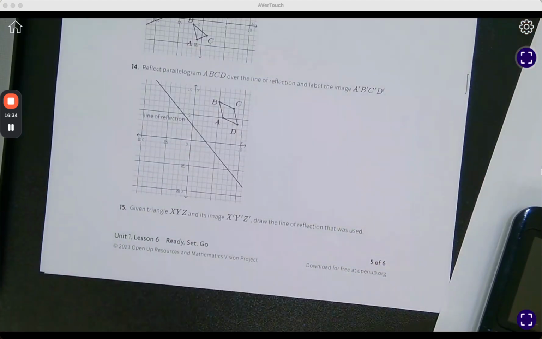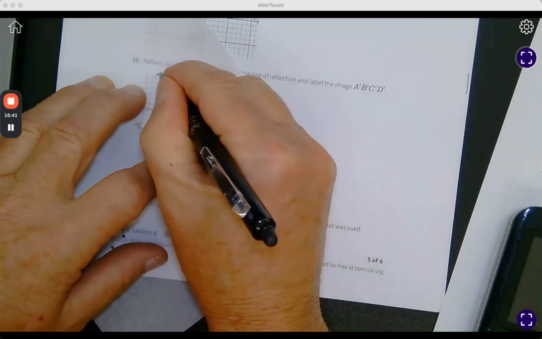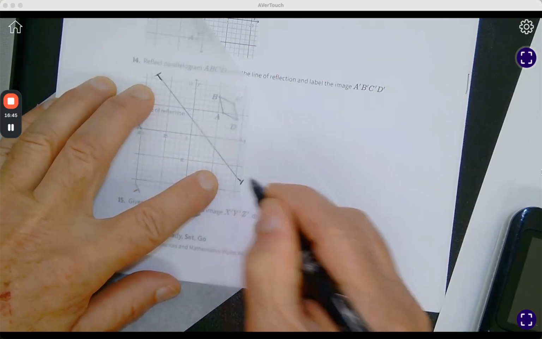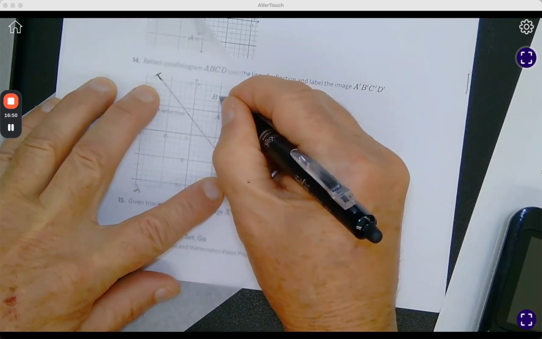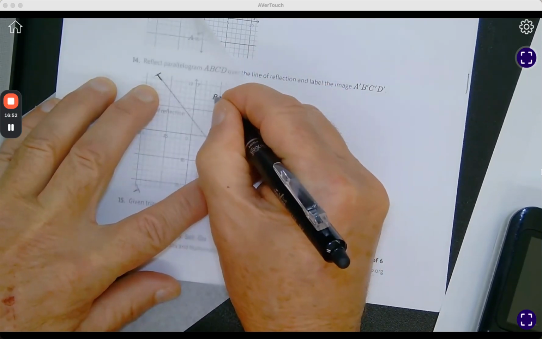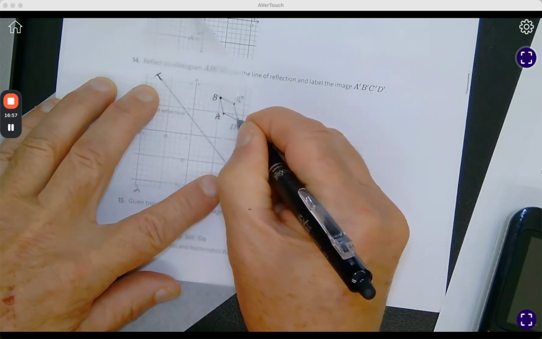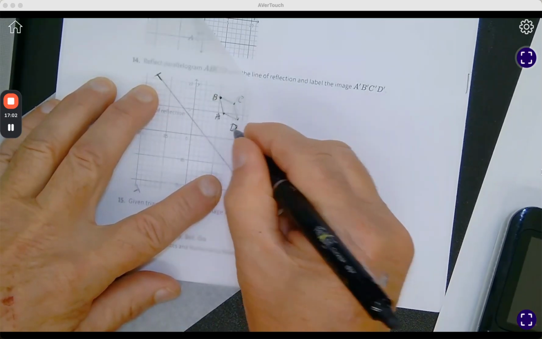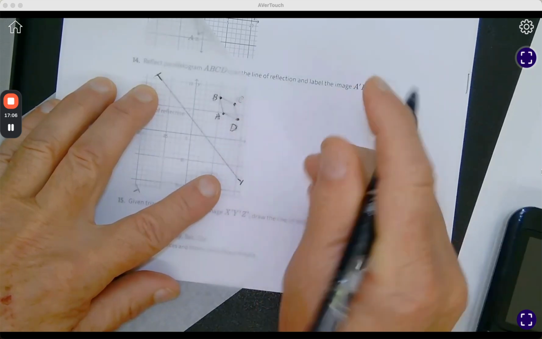Oh, that looks like a parallelogram. Parallelogram, let's do it. Same thing. A parallelogram is a quadrilateral. There's 4 sides, and opposite sides are parallel. So that's what a parallelogram means. Get those anchor points. Now, if you wanted, you can label them A, B, C, and D. That way, when you flip it, you won't have to guess which is A prime, B prime, C prime, and D prime, because it'll be marked.